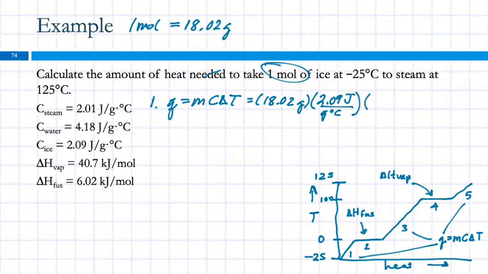And then the temperature change, I'm going from minus 25 to 0: final minus initial, so 0 minus the initial temperature. I can calculate that: 941.5 joules.